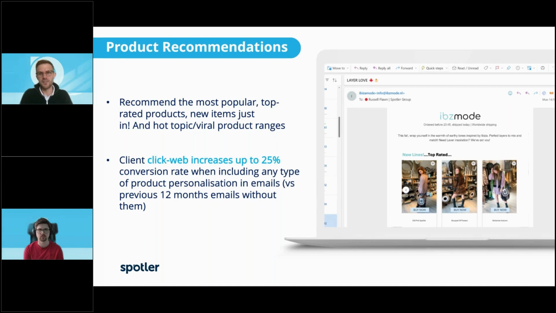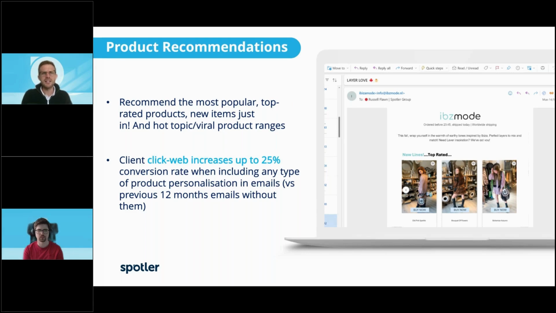We've been getting great feedback about this product set and ones that have more than 4.5 stars average review, for example, or the hot topic or viral product ranges. Either a product that you have has gone viral or you have a product that connects to something that is currently out there. Again, you can use a product set to group that together and take control of exactly what is shown in that block.